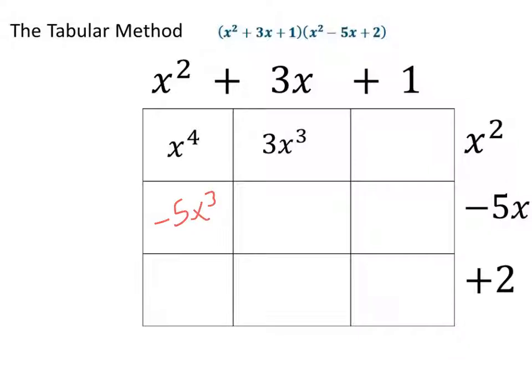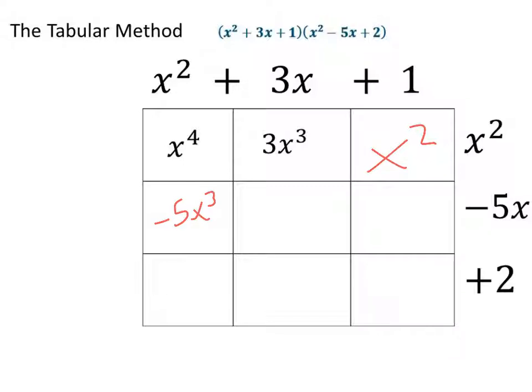Now, actually, I was filling the rows up first, so I need to start all over again. We are going to go to the next box over here, which will be x squared times 1. That's pretty easy. It's just going to be x squared. Then we go to this other box, which I already did ahead of time.